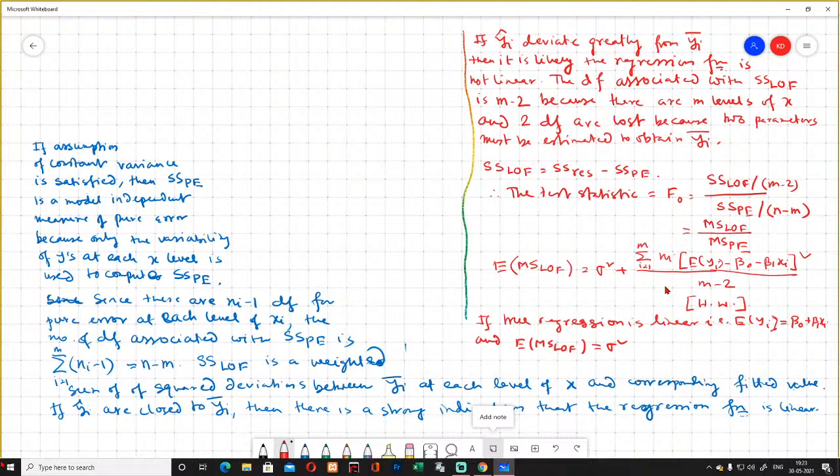Hence the expectation of MS due to lack of fit should be sigma square.